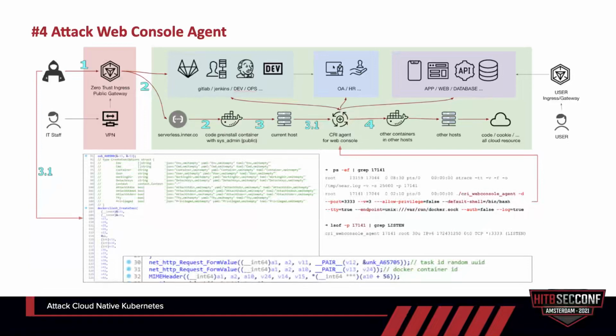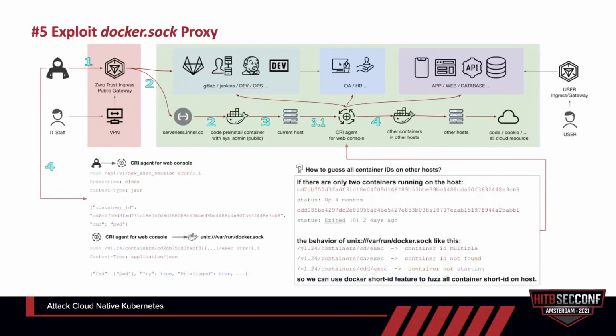The following HTTP request can create a session of the docker exec subcommand. In the end, the agent actually calls the default local Unix socket of Docker. You can see a simplified process of creating a web controller session in the lower left corner of this page.